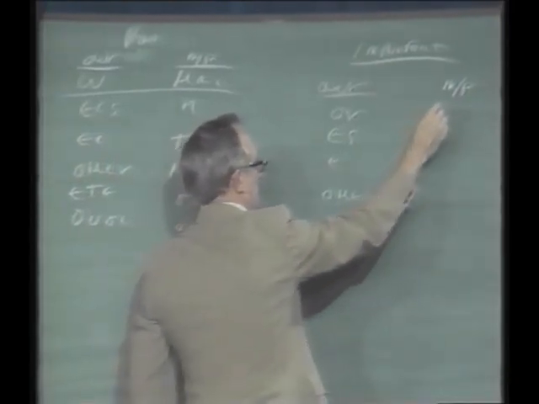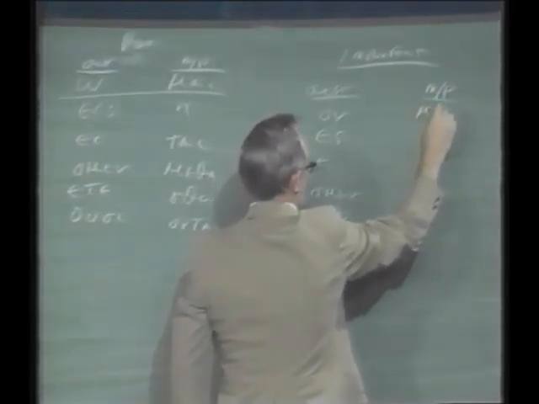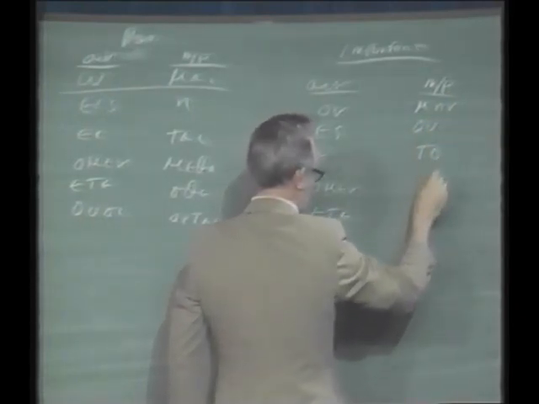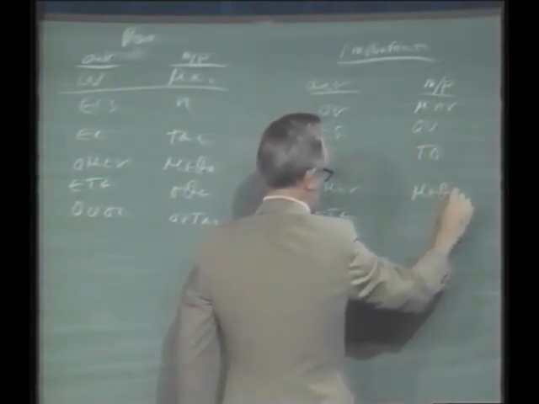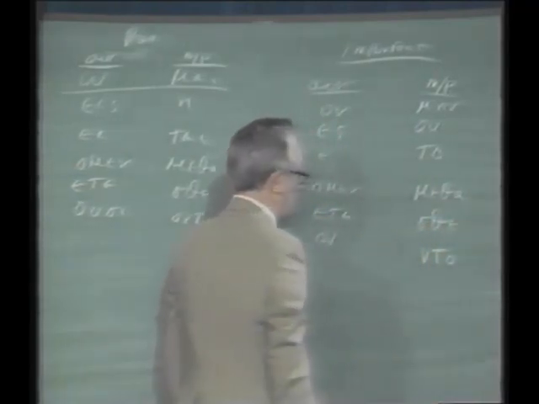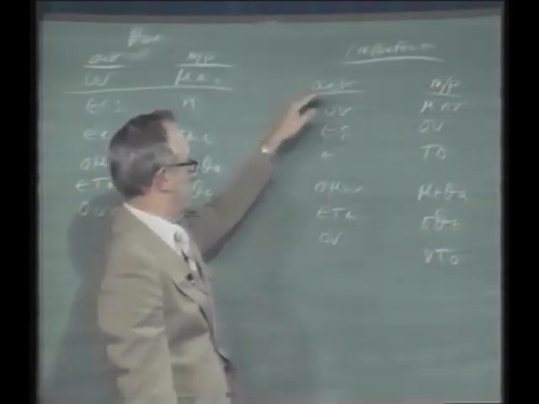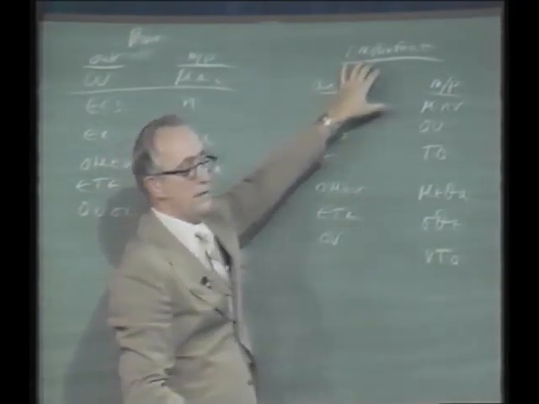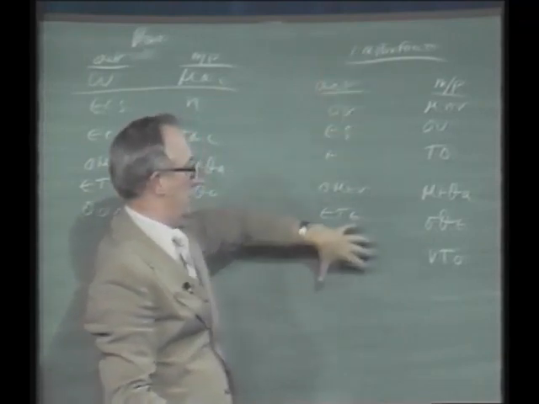Then we have what we're just learning now: men, u, to, and metha, ste, and nto. So learn these, and anything that begins here, these are the active endings of the imperfect, or the secondary active endings.